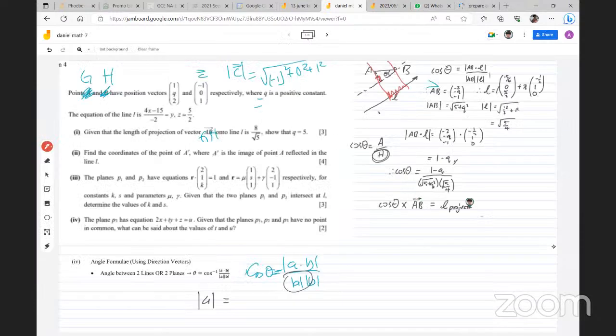Not the vector, but the length of AB. So mod. Yeah, mod, because in normal trigo, we just deal with the length. We never deal with the vector itself. And the length of A, mainly this guy, will kind of cancel each other.